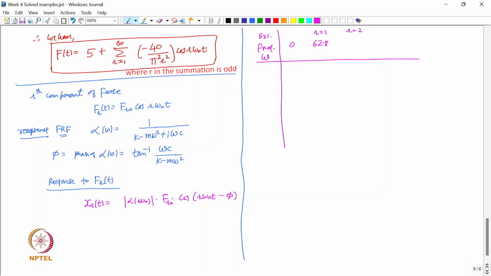Then for r equal to 3 it is 188.4, because the even component is 0, and then r equal to 5, that becomes 314.15. So, the first three components we are going to have, like this.